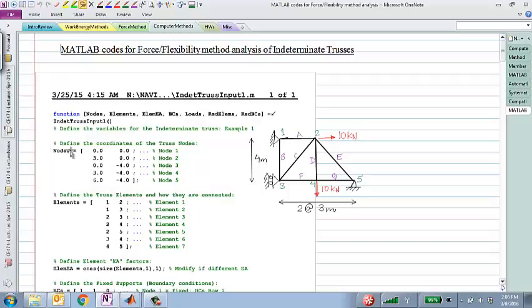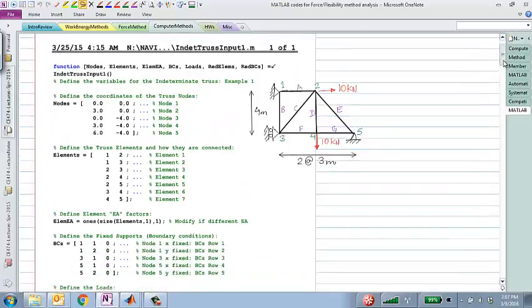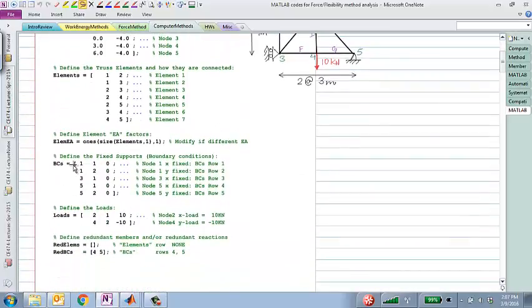So the input file just contains nodes information, element information, which is basically 7 elements here, telling which 2 nodes are connected. So you can easily verify that those are the correct element connectivities. We have boundary conditions or support conditions, just as before. In the previous determinate example, you remember there were only 3 rows.